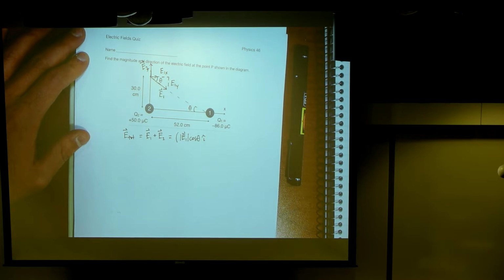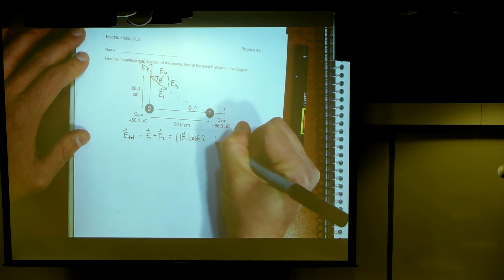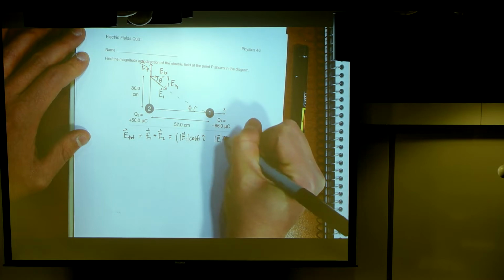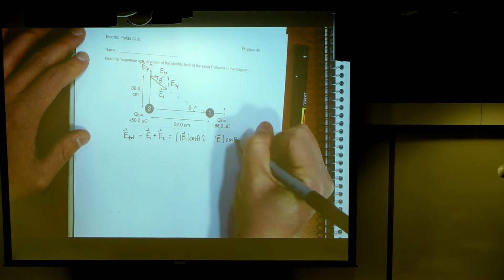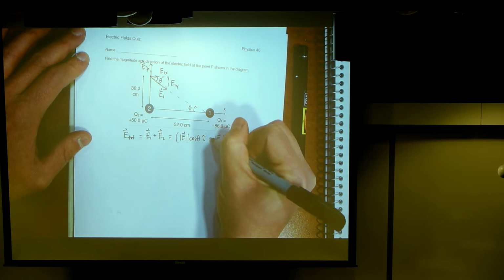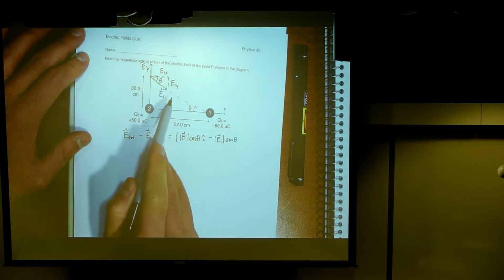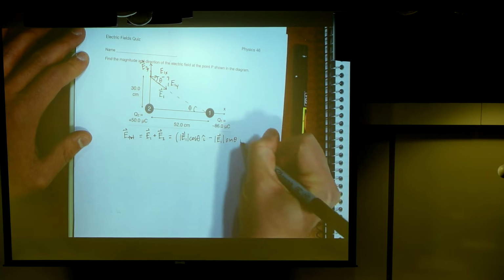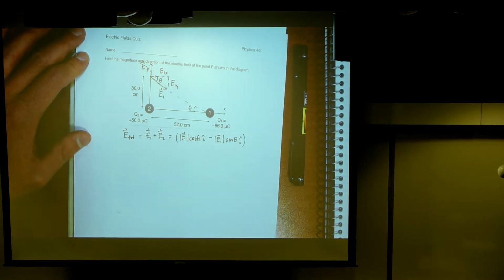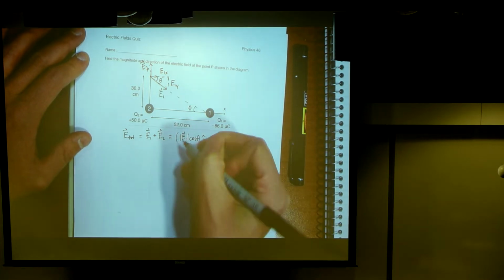What about for the Y component? Okay, so it would be magnitude E1 times sine of theta. But also it has a negative sign because it's going down towards the negative Y direction. And this is accompanied by the J hat unit vector. All right? What about E2?